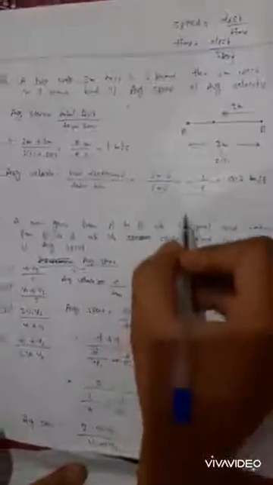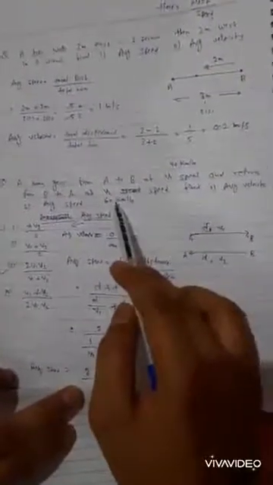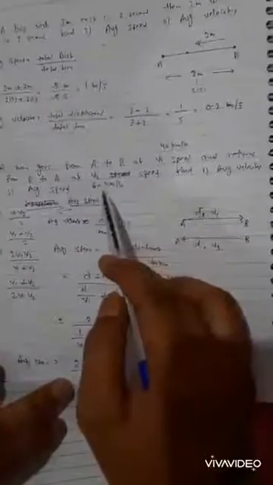Now suppose, this is an example by taking some constants. Let's suppose V1 has speed 40 km per hour, and V2 has speed 60 km per hour. What students do here is add both terms, 40 plus 60, and divide by 2. They will say the average speed is 50 km per hour, but that is wrong.